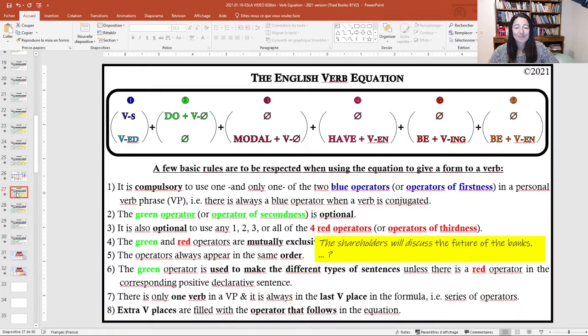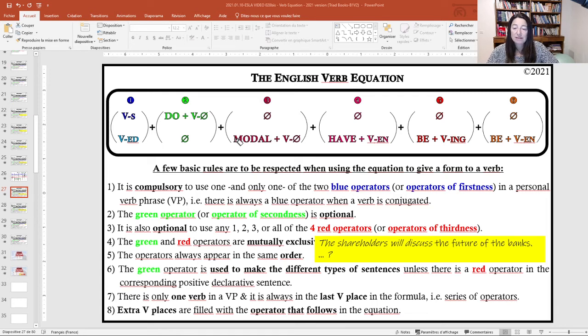So that's an important point that needs to be dealt with more in depth. But for now, let's go on to another example. So an example with a modal. In this case, let's choose to use will. So they will discuss, let me put will in one color. So that's the modal.